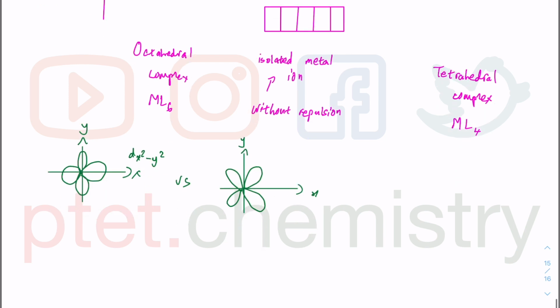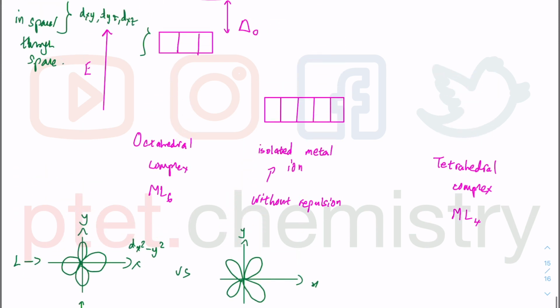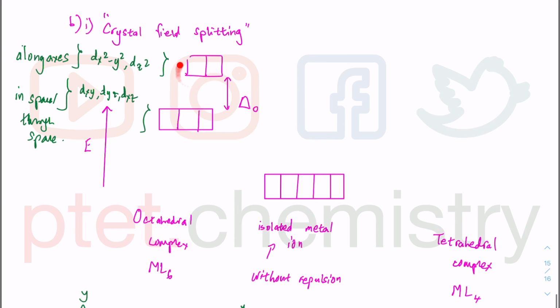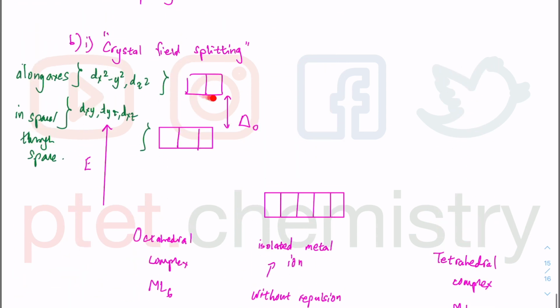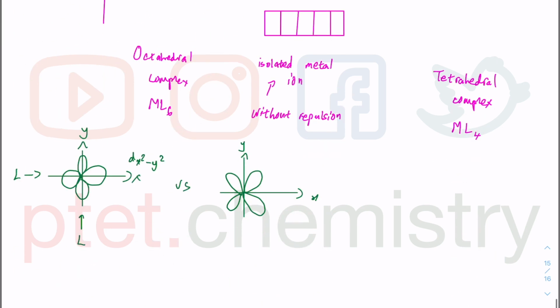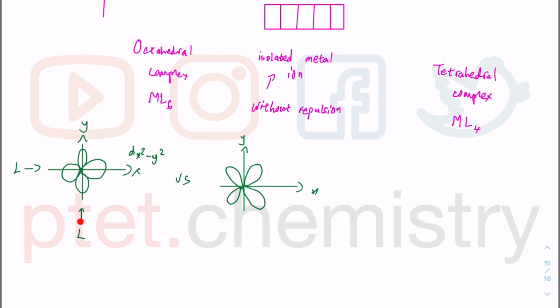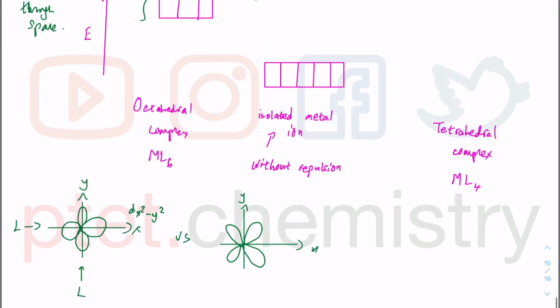When your ligand approaches there and there, they will repel more if the ligand approaches in the octahedral direction. Then dx squared y squared and dz squared will be destabilized a lot more because they repel a lot more. That's the reason why you get these 2 sets of orbitals pointing along the axis, repelling more with the electron pair that the ligand brings in, as part of the definition of ligand that forms a dative covalent bond to the metal center.